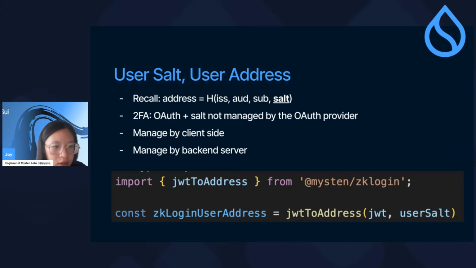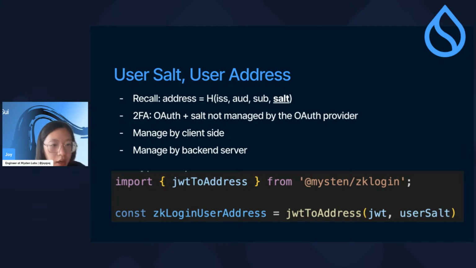So the best mental model to think of this is that it is a two-factor authentication. For anyone to log in and transact based on your zkLogin address, I not only have to be the person who controls the OAuth login flow and enter your Google credentials.